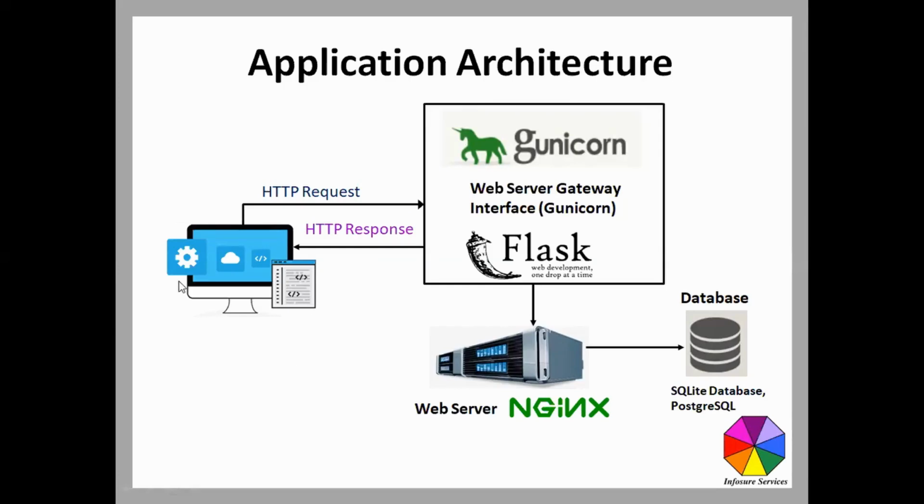The end user uses a browser to send an HTTP request, which is received by the Flask WSGI interface, and it interacts with the web server to get the data from a SQL database, and then puts everything together from the correct page point of view, and returns the data and the page to the end user with an HTTP response back.